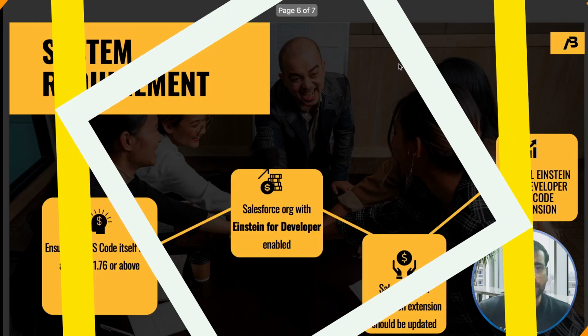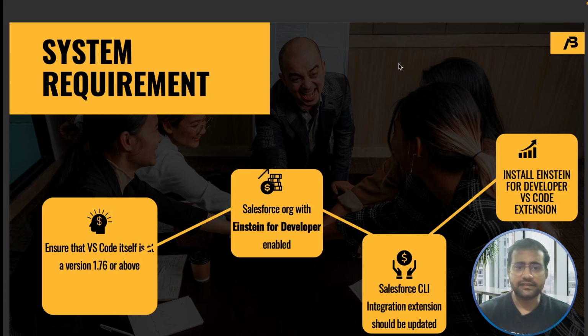Moving on to the system requirements. Basically, we have to install VS Code, which should be version 1.76 or above. If you don't have this version, I will also show you how you can easily update your VS Code. The next thing is we need to go into our Salesforce org and enable Einstein for Developer.